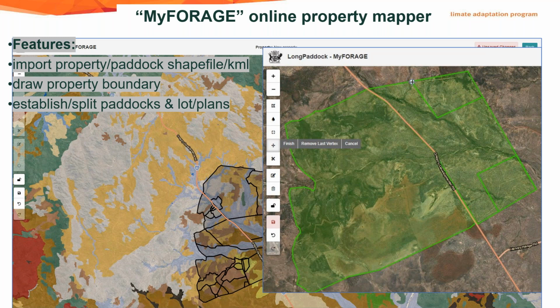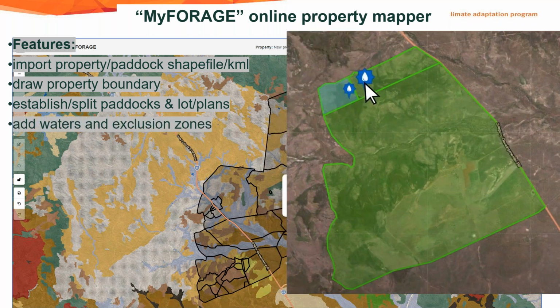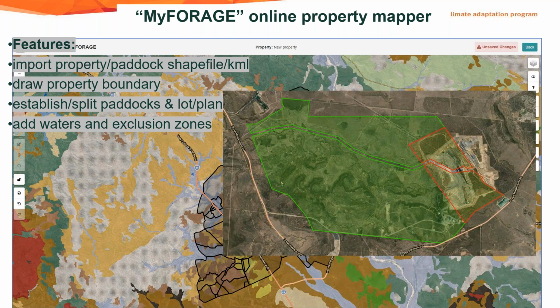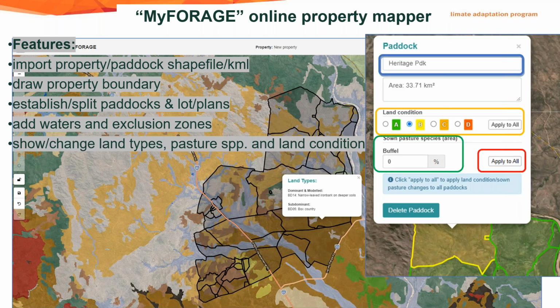It's a pseudo GPS GIS approach. You can add waters and exclusion zones. You can cut off mine sites or areas that animals don't graze. You can show changes of land types, pasture species, and land condition there that will assist our modelling.